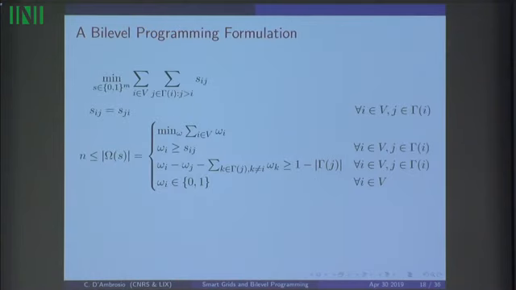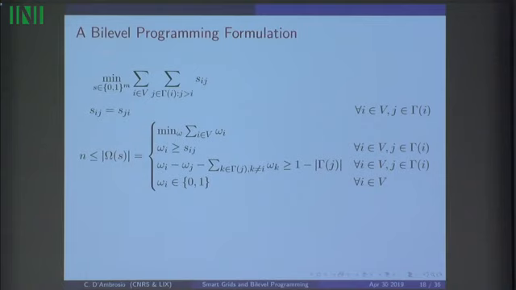And if we look at the whole problem, it will look like this. Suppose that we have the constraints and the objective function that we had before. In what we call the upper level, this part here, we will have the decision on where to place the PMUs, and we want to minimize the number of PMUs installed. And then we have this optimization problem inside the optimization problem.